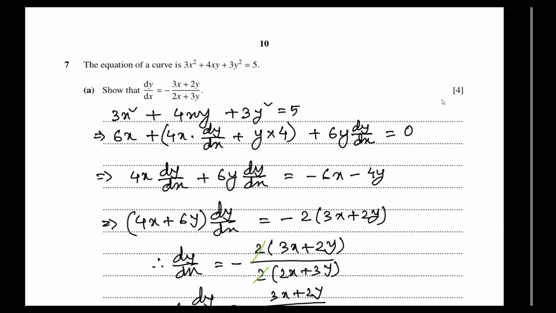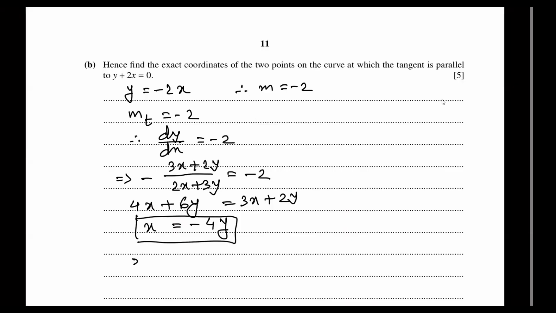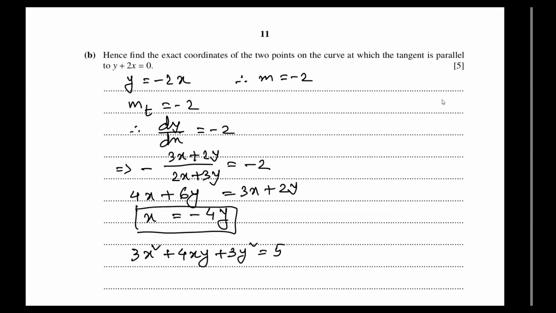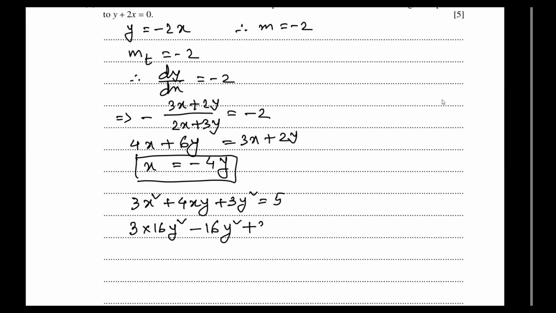The original equation is 3x square plus 4xy plus 3y square equal to 5, right? Okay, now substitute x equal to minus 4y here. So we have 3 into 16y square, 4x into minus 4y, that is minus 16y square, plus 3y square equal to 5.